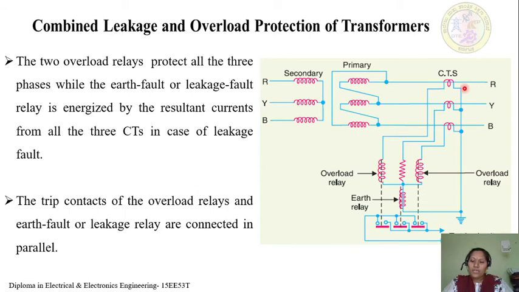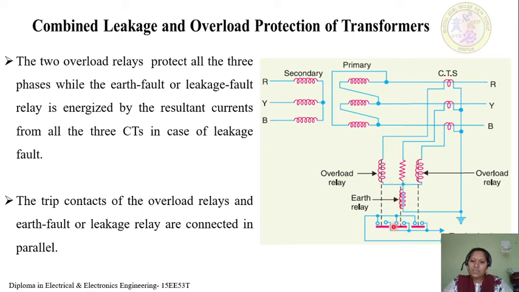Now we'll consider when there is an earth fault in the circuit. If there is any case of earth fault in the circuit, then the sum of the CT currents is not equal to 0. Then the current will flow through these resistors and the current will also flow through this earth relay.